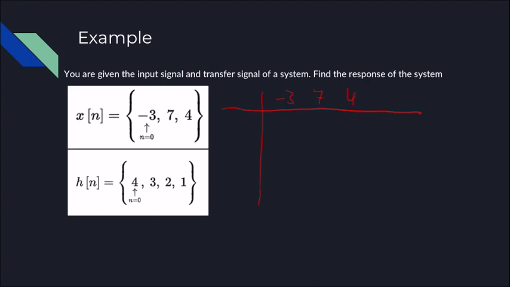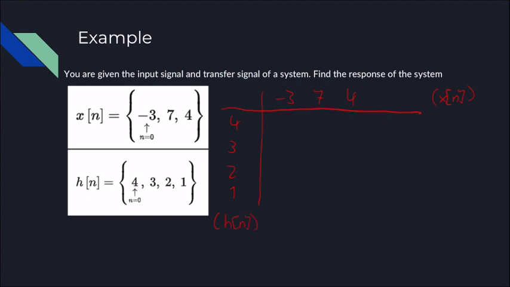And we have our h of n values, which are going to be 4, 3, 2, and 1. And this is x of n, and this here is h of n.